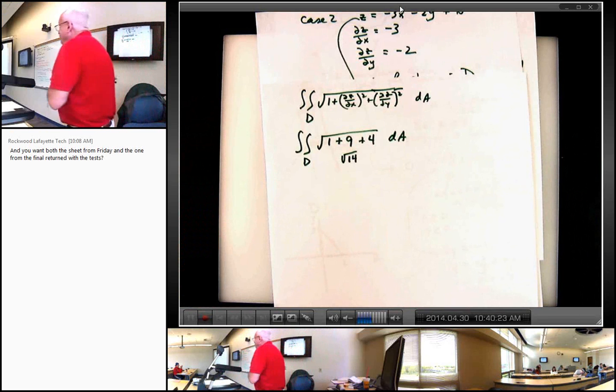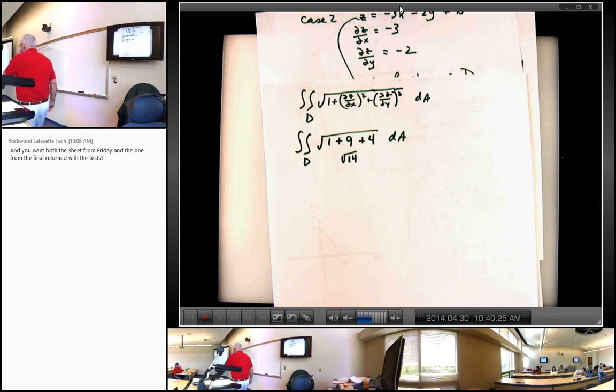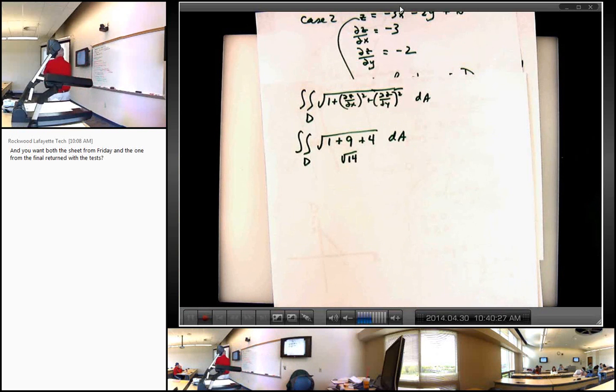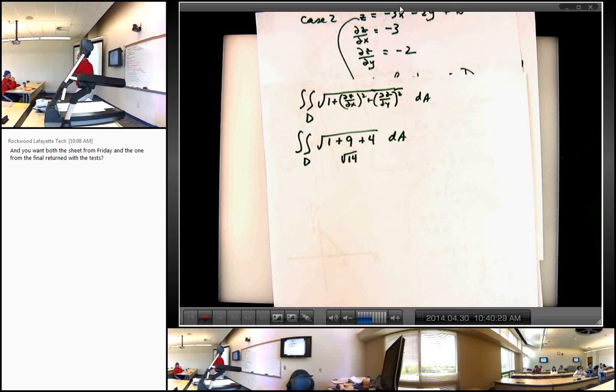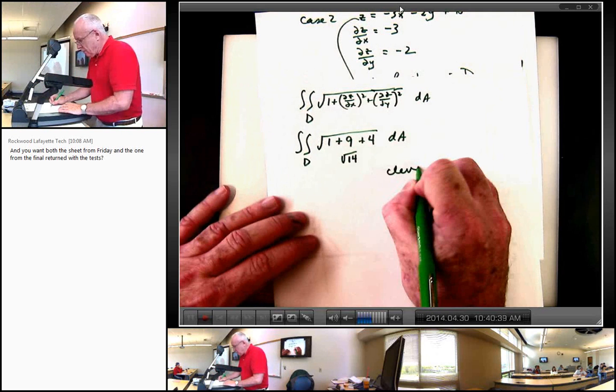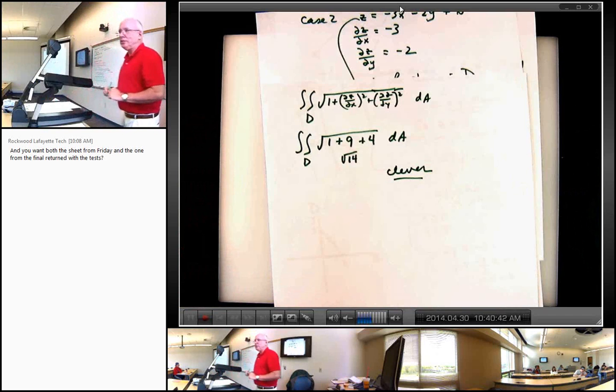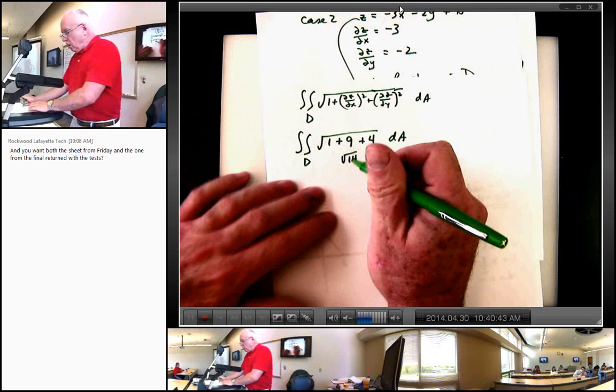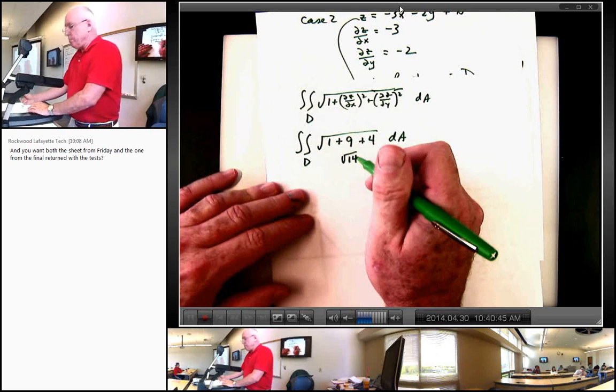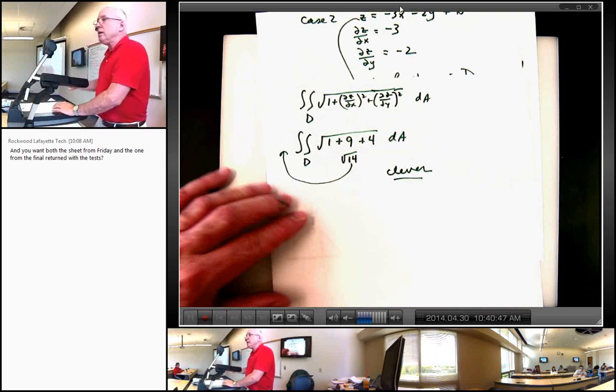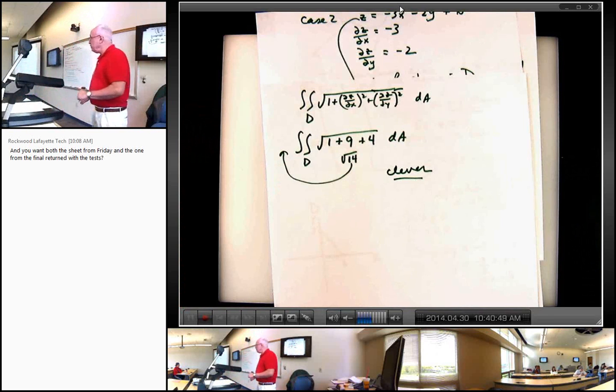All right. Now, there's a clever way to do this and just a regular way to do it. Let me show you the clever way. All we're integrating is some kind of number, so I can certainly bring that number all the way out in front.